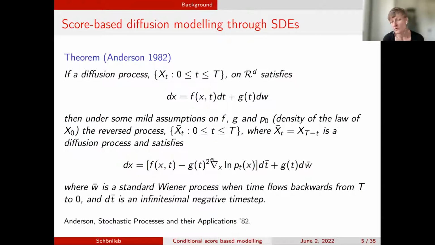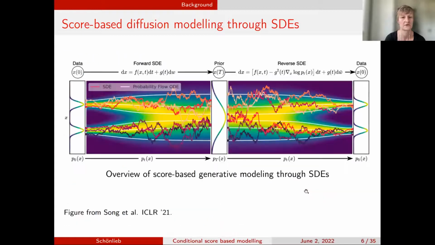Okay, and the whole thing about score-based models is how to approximate this. This is where the name comes from, it is also called the score, and how to plug this back in and then solve the reverse SDE, basically. So this is the whole idea.